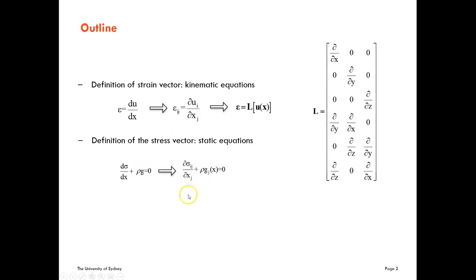In 3D, we obtain these equations when the gravity can be in any arbitrary orientation in the three-dimensional space. And we are going to see that these equations can be converted into an equation like this, where this is going to be the stress vector, this is the body forces vector coming from here, and this is going to be the transpose of this matrix.